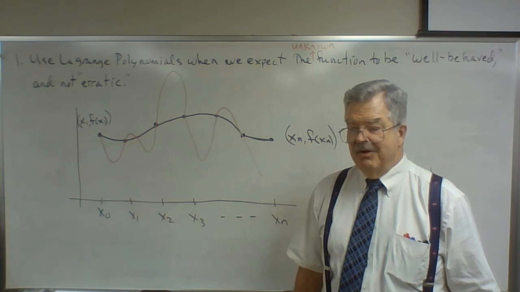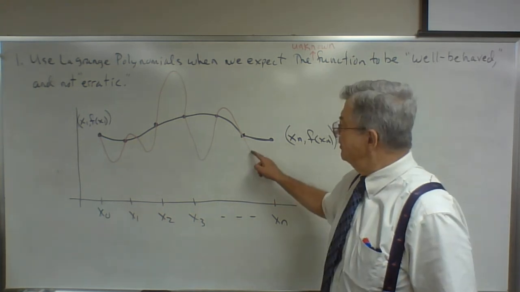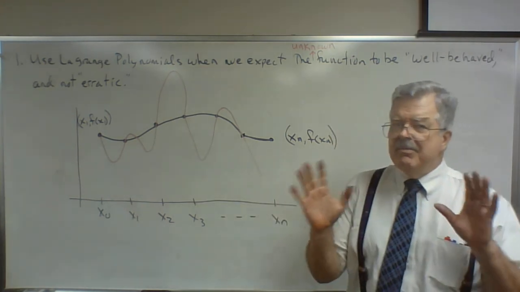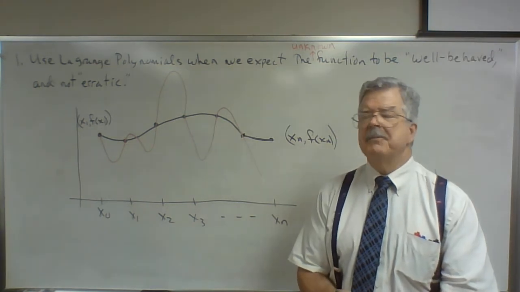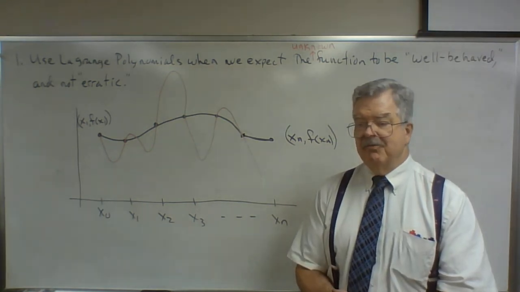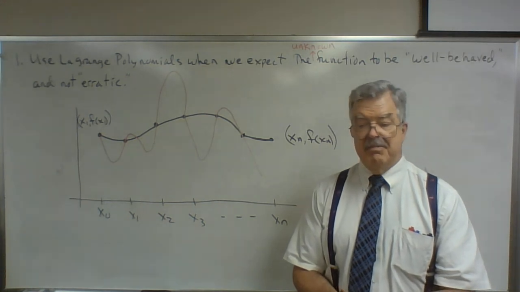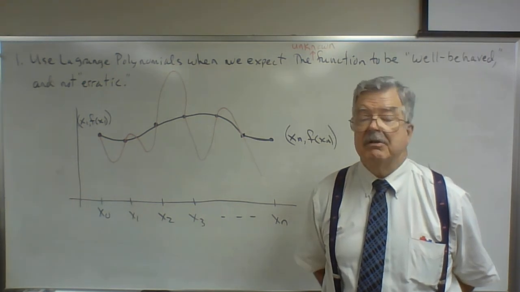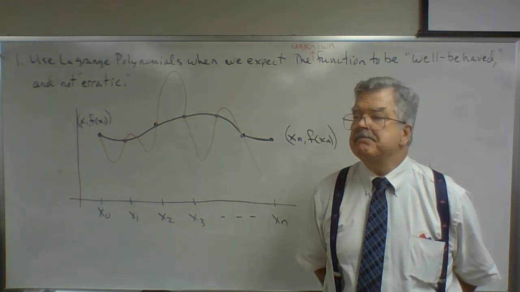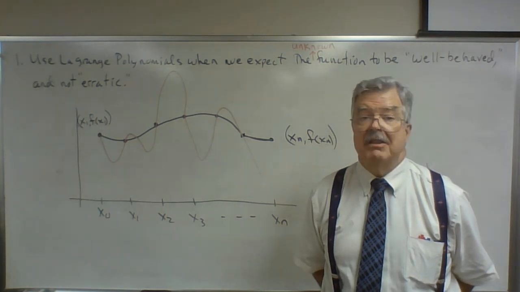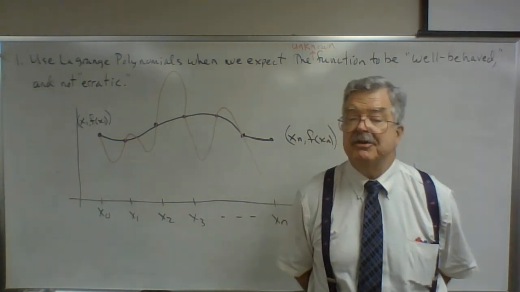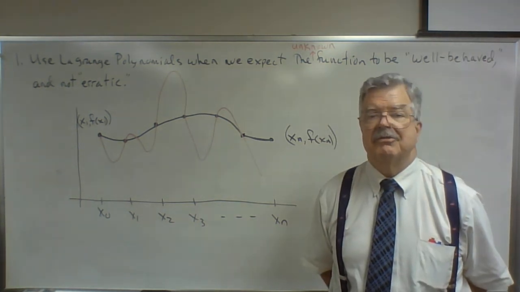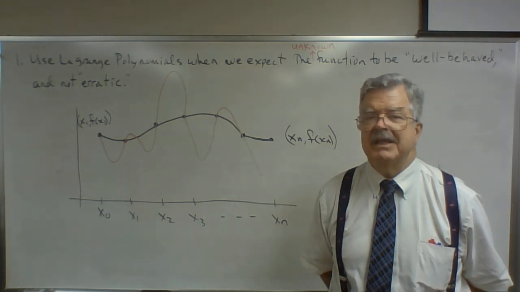if we don't know or expect that our function could look something like this screwball function, this erratic function, maybe Lagrange polynomials aren't the way to go. But if we have reason to believe that maybe the unknown function is sinusoidal, or maybe a polynomial itself, or maybe logarithmic or exponential, like e to the x.